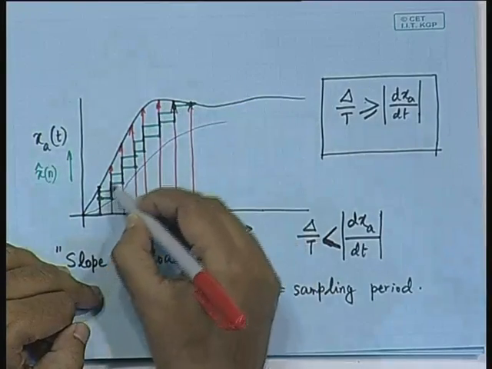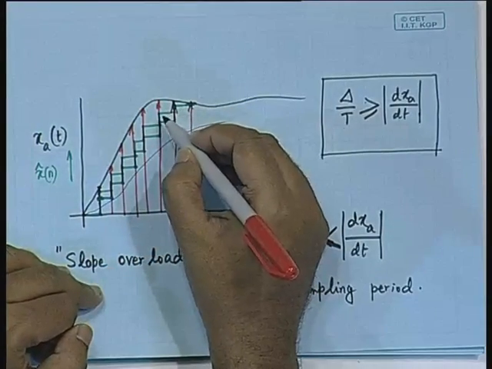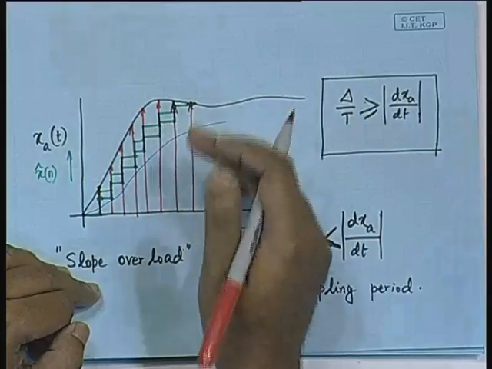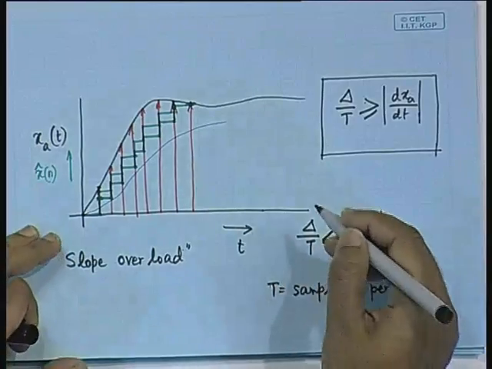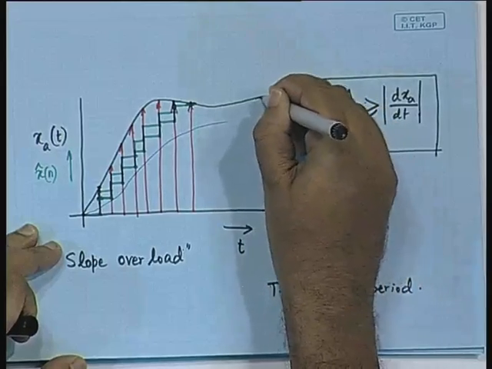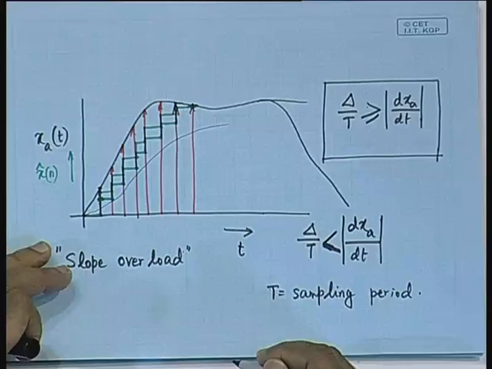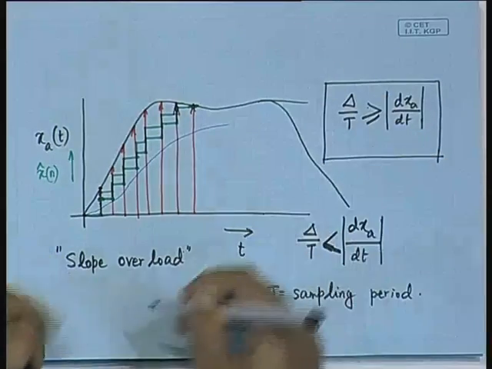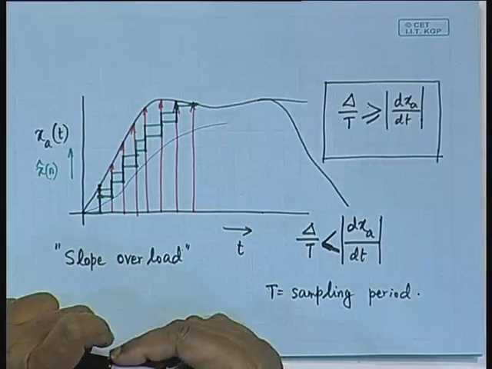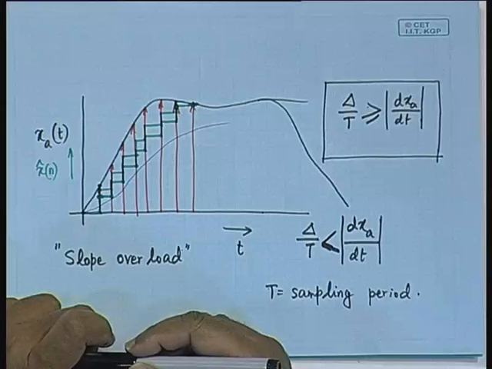Now, when C of n is a string of 1s, that means the function is increasing. On the other hand, if the waveform makes a downward fall like this, then in this range we would have got C of n equal to 0.